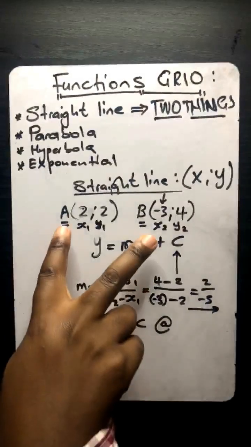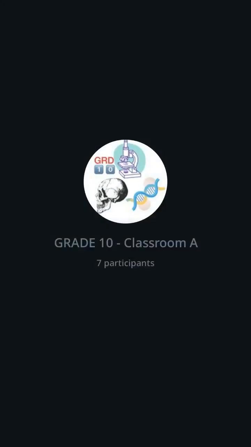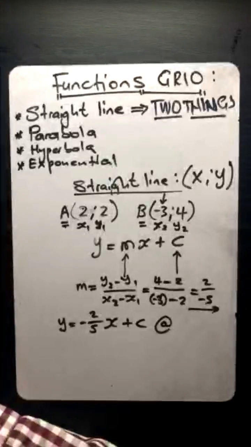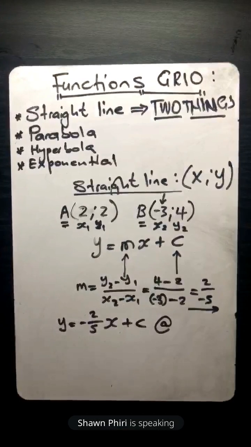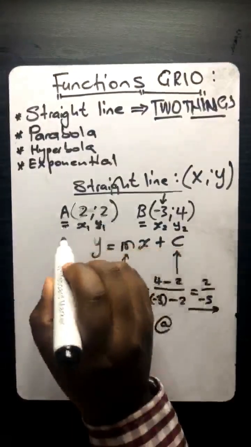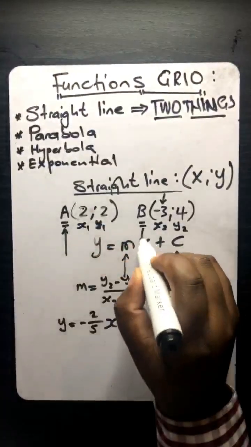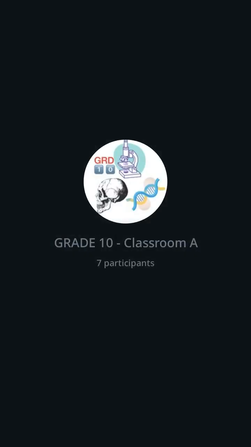Would you choose point A or point B? Okay, let's try A. This is how you choose. You are correct. You use point A, you can still use point B. You are still going to get the correct answer. But I like using a point that doesn't have negatives.